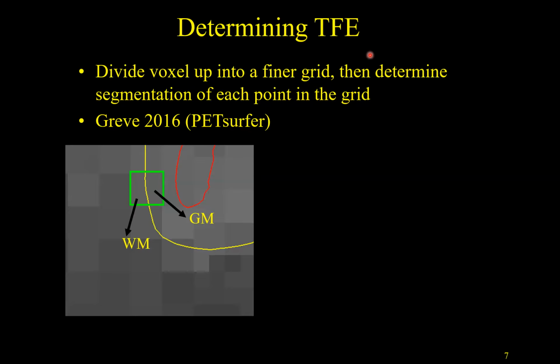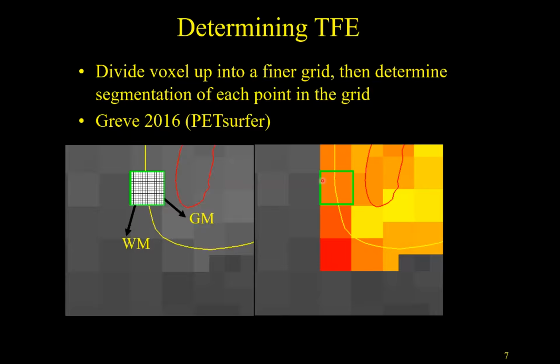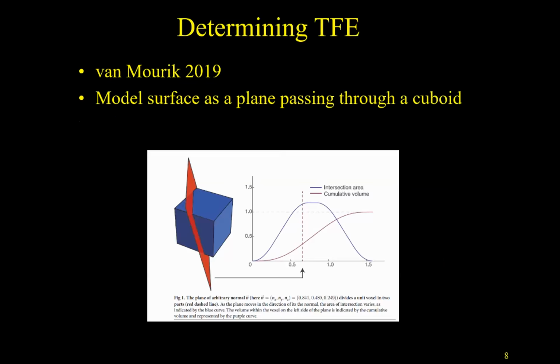In PetSurfer, which can also be used for ASL, fMRI, whatever, the way that I do it is to create a finer grid in each voxel. Then all I do is count the number of squares that are between white matter and gray matter, and that is the gray matter tissue fraction. And that's how I compute this number.